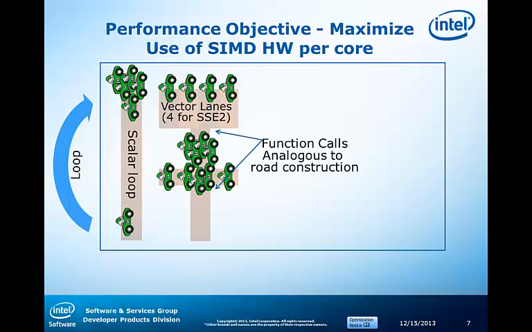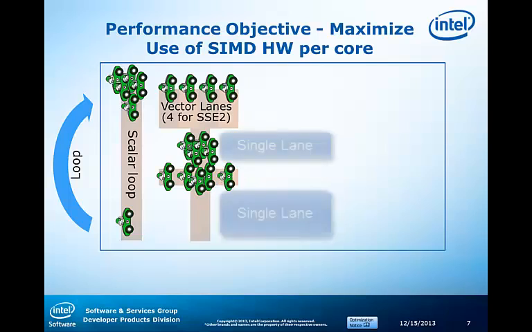Now let's assume that we ran this code on an SSE2 platform and that we had chosen a 32-bit wide data type for the data manipulated in the loop, giving us 4 vector lanes of highway, and that we did our best to vectorize the loop, but we were hindered in fully vectorizing the loop by 2 function calls.